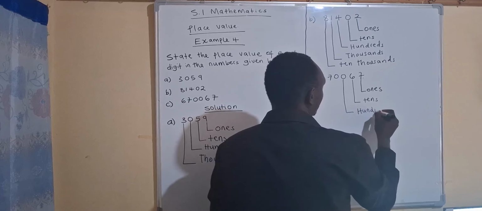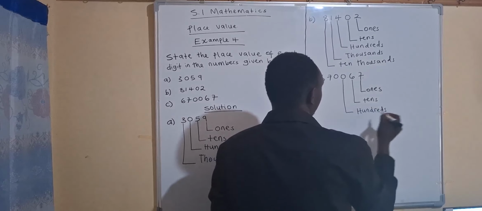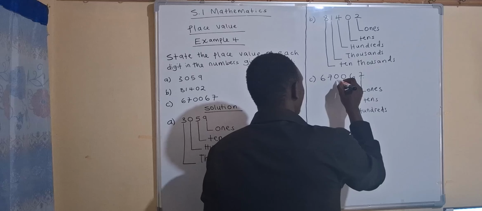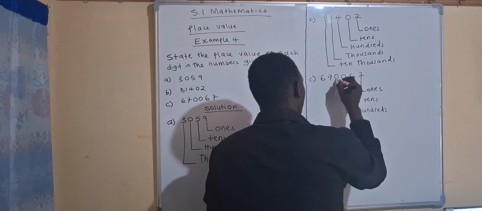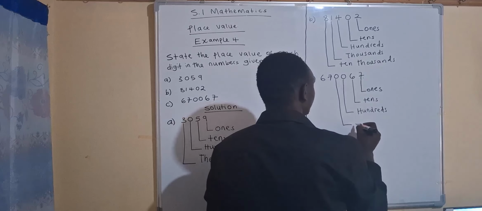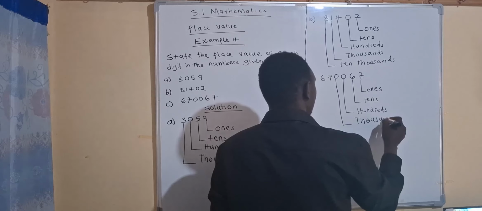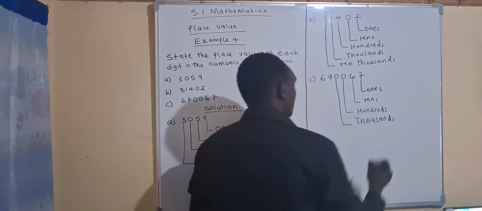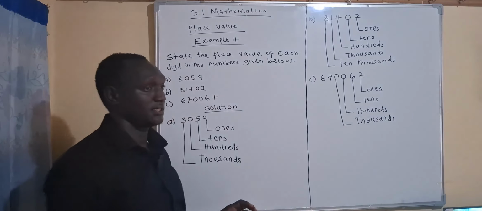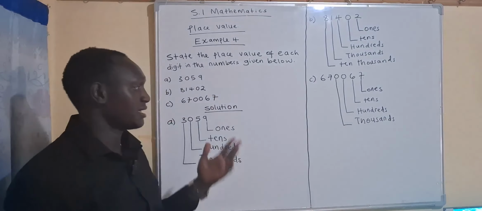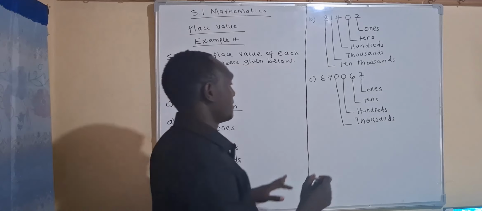That means this number does not contain hundreds. If it contains hundreds, then there are 0 hundreds. And then we come to thousands. This also tells us that this number does not contain thousands. If it does, then there are 0 thousands.